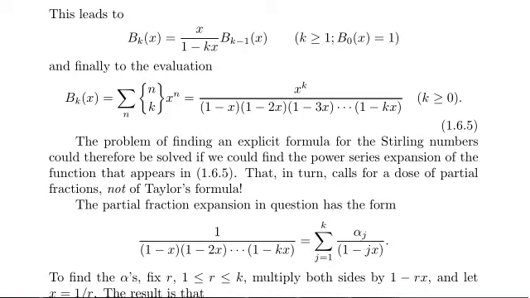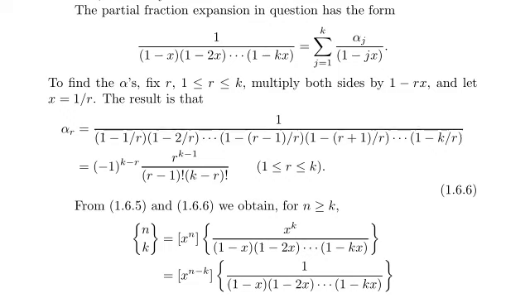The partial fraction expansion in question here has the form, oh goodness, this is going to get pretty crazy, I feel. So you're going to be able to express it as a sum of linear combinations of 1 over 1 minus jx.